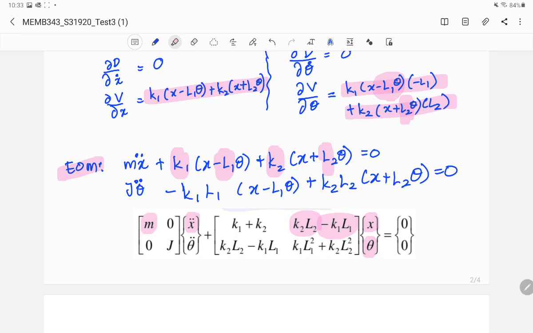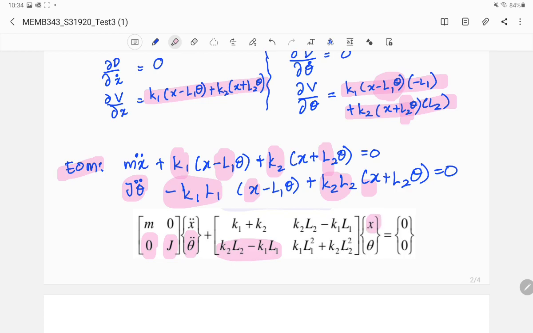And then for the J theta double dot, which is the second equation, you only have J theta double dot. The x double dot coefficient is 0 because there is no m term there. Then you look at the x term, which has k2 L2 and minus k1 L1, so that's why you have that.